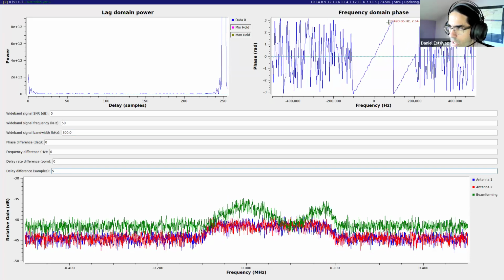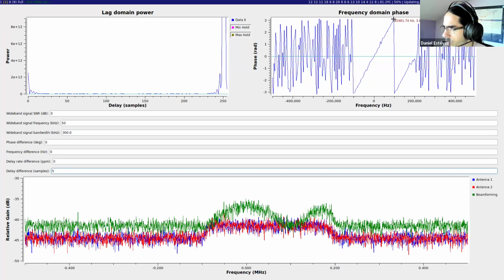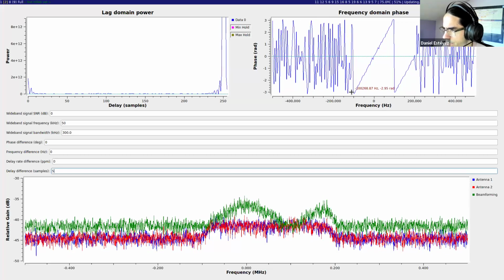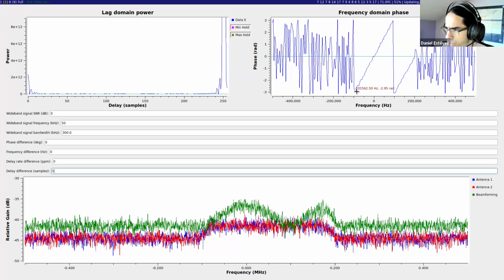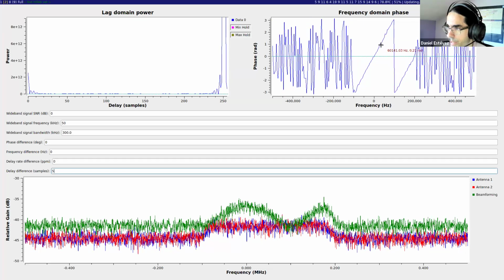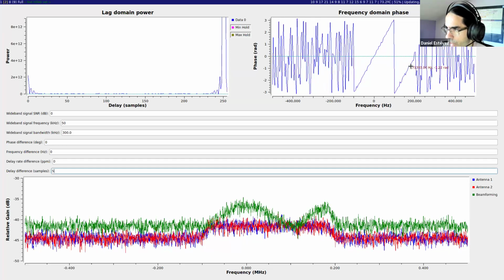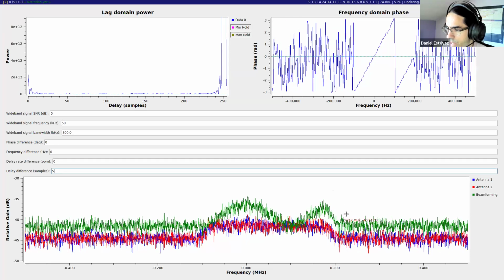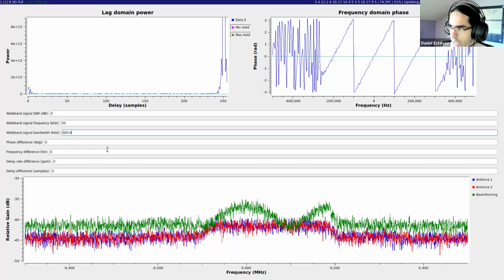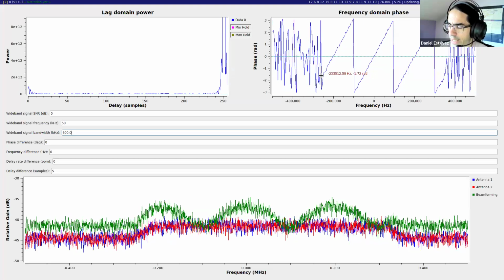It completes a whole 360 degrees cycle in a matter of, I don't know how much this is, 200 kilohertz, I guess, because it goes from minus 100 to plus 100. So in a matter of 100 kilohertz, it completes a cycle, and then we see another half cycle, and here the signal stops. So that's the only thing we can see, but if we make this signal wider, we can see the whole pattern. So that's how a delay looks like.